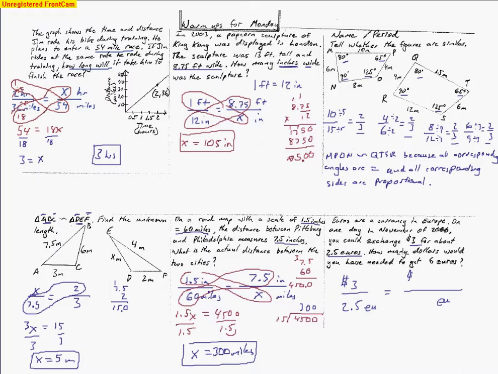So how many dollars, don't know, so we'll put an x there, would you have needed to get 6 euros? So 6 euros. Now we go ahead and cross multiply. So I don't see any reducing here, so I'm just going to multiply these numbers. So 3 times 6 makes 18, and then 2.5 times x. And so now we're ready to divide.